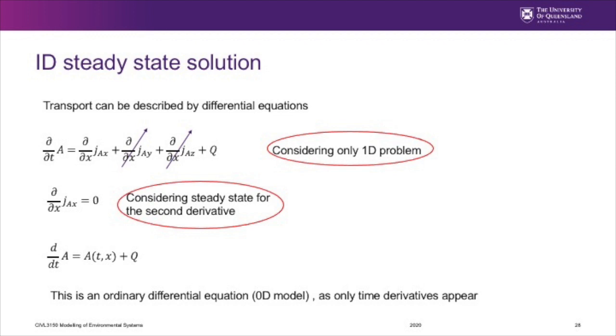And this is an ordinary differential equation, an ODE model, as only time derivatives appear. I have moved from partial differential equations to ordinary differential equations just arbitrarily, just because we know that once we have set the limits, we can already work with ordinary differential equations, right?